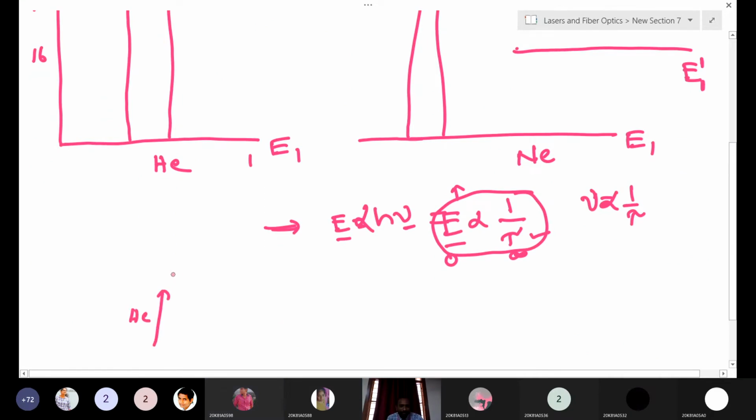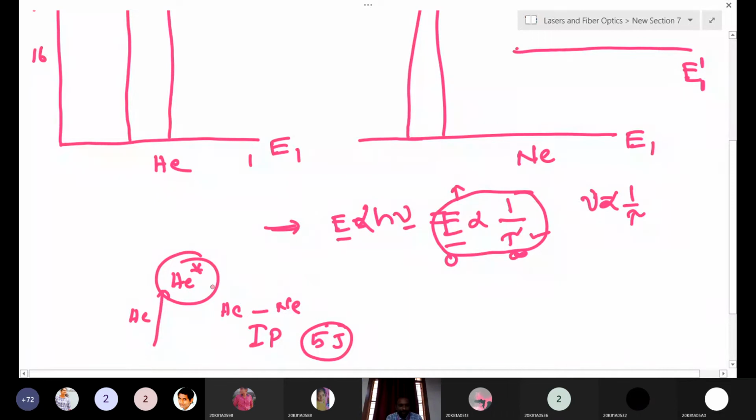Now the helium atoms have higher energy, along with the input power. We give the same input power to helium and neon. Suppose we give 5 joules to each. This 5 joules is not sufficient to send the neon atoms to the excited state.